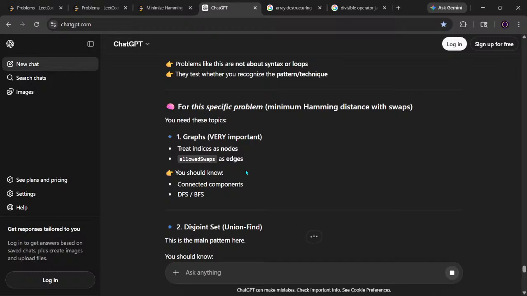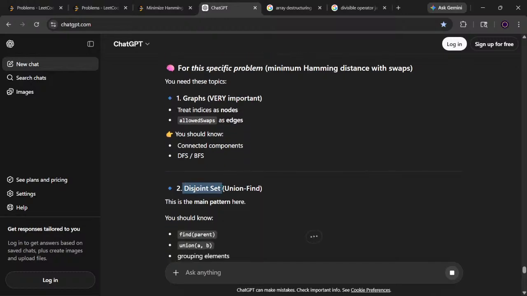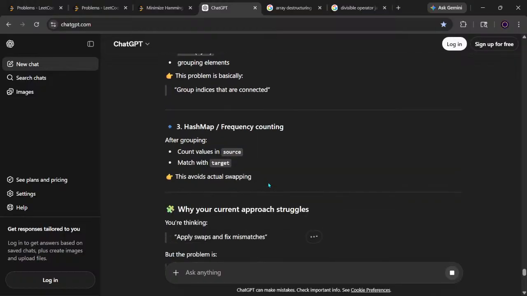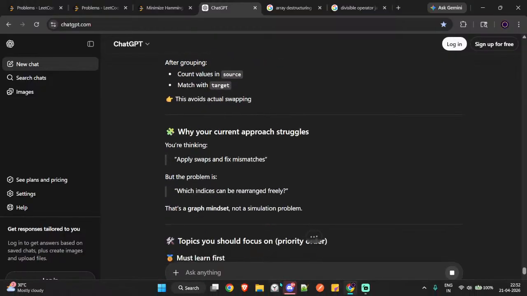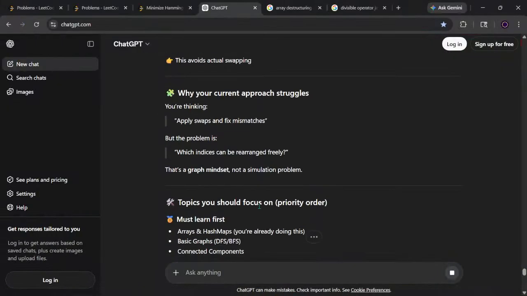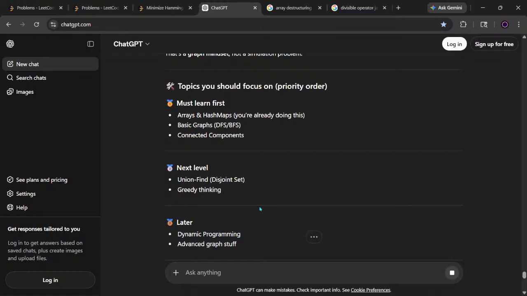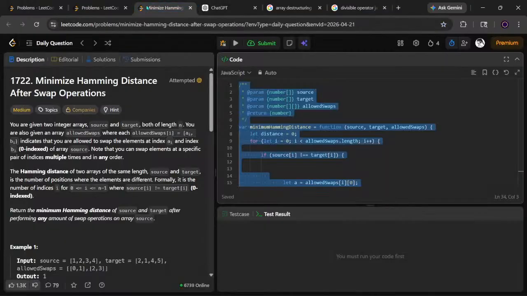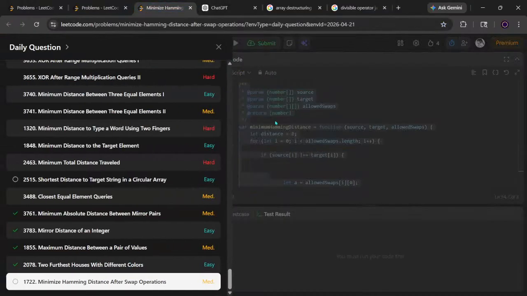Graph. Disjoint set. What the hell? I need to know graph for this, bro. What the hell?